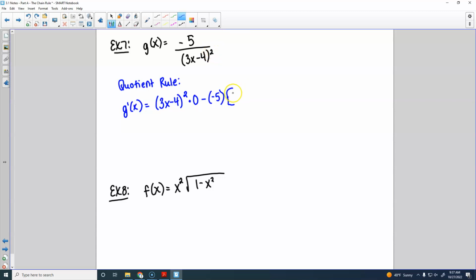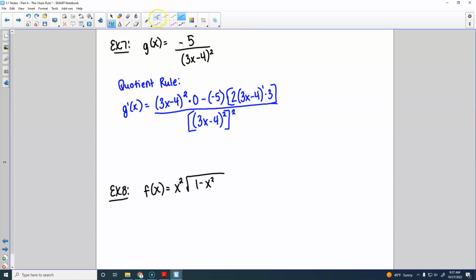So I would have to use a chain rule here. I'd have 2 times 3x minus 4 to the first power. But then I got to multiply by the derivative of the inside, which is 3. Over 3x minus 4 squared. And then you would have to simplify all of that, which can be done, but it's a little difficult.